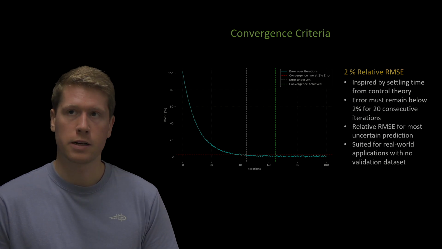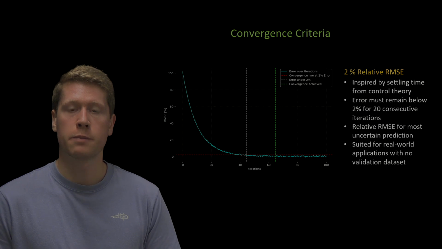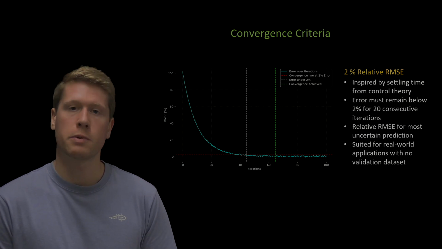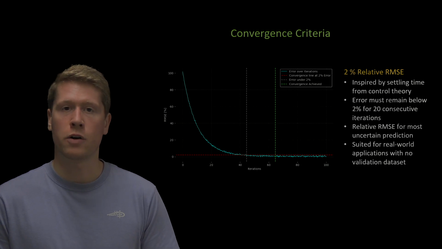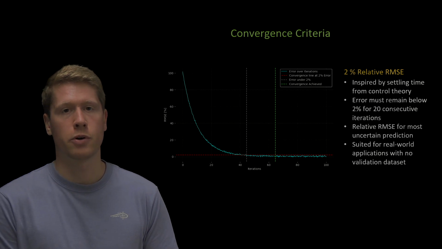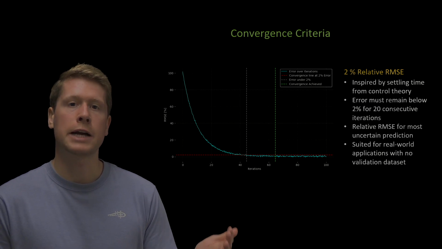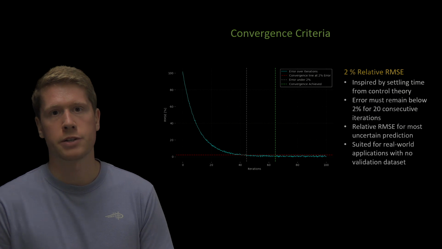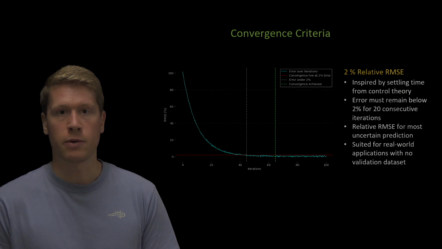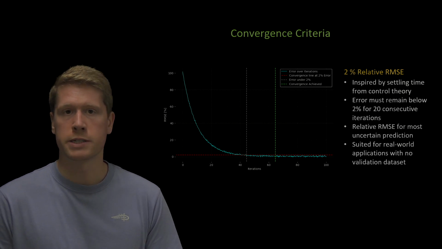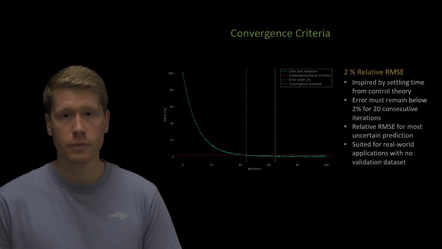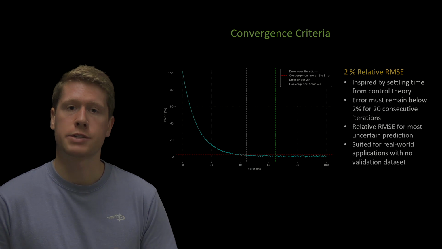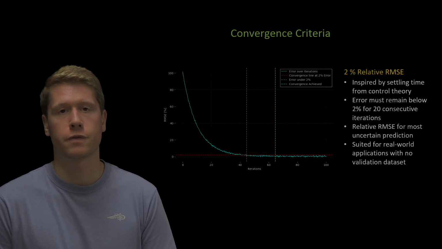Whenever we query the models over our inputs, we get an uncertainty which we use to select the inputs, but we also get a prediction. So we have a prediction of our output, and when we then feed the input through the system, we will see the actual output, and we can compare the two to calculate a relative root mean squared error, which we use as our convergence criterion, which has to remain below a threshold of 2%.